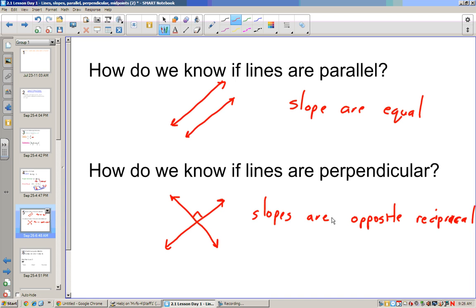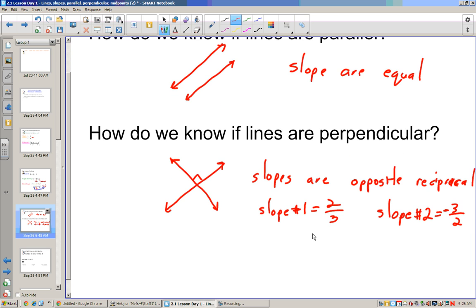Now, what that means is, say if my slope number 1 is 2/3, my slope number 2 is going to be the reciprocal, which is 3/2, but the negative of that. And let's say I have another slope.